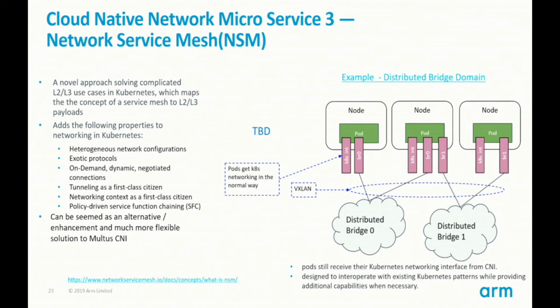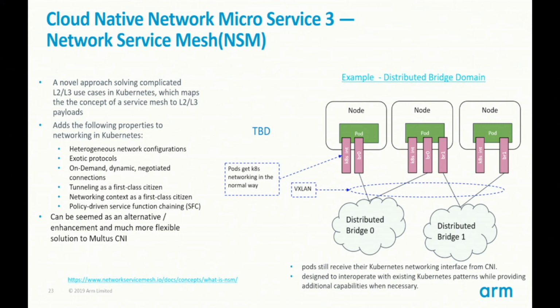The third microservice example is the network service mesh. For the network service mesh, we added the following properties to networking in Kubernetes. The first ones are heterogeneous network solution configuration protocols, on-demand dynamically negotiated connections, tunneling as a first-class citizen, networking context as a first-class citizen, and policy-driven service function chains.